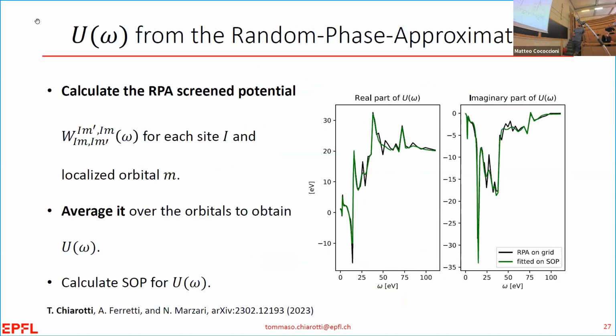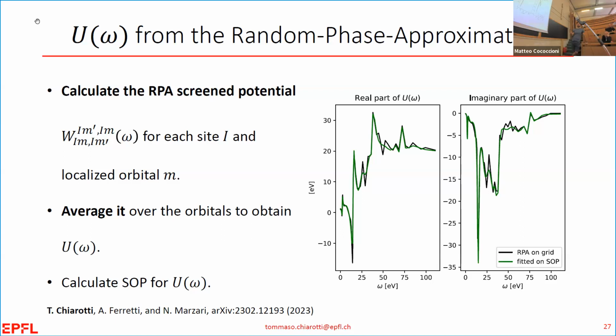Okay, so just a brief understanding of what U is. As I said, it has to be a local average of the screening W. And what screening? Since we are doing localized GW, it is clear: RPA screening.